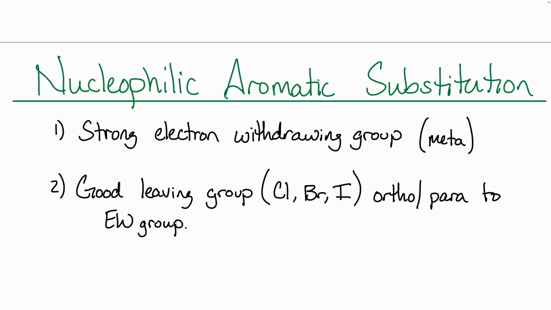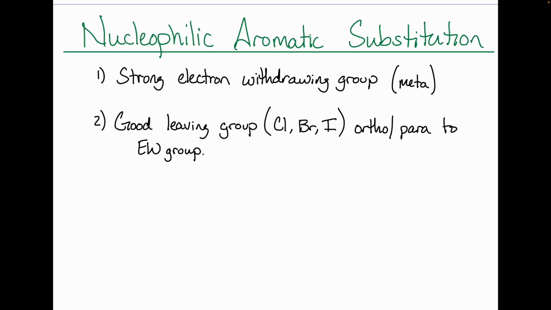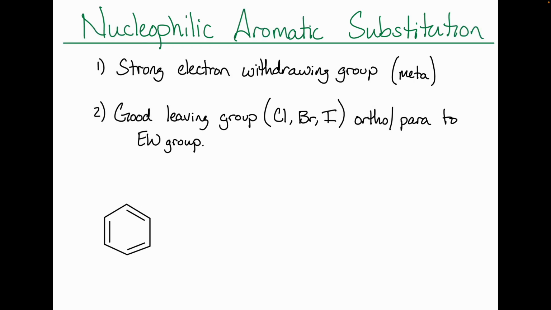All right, so again, 2 pretty stringent criteria here of what we can start out with for our nucleophilic aromatic substitution reactions. Number 1, we got to have a strong electron withdrawing group, something like a nitro group on there. And number 2, we have to have a good leaving group, one of our halogens that is either ortho or para to that electron withdrawing group.